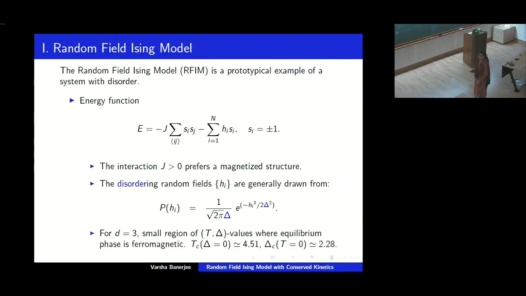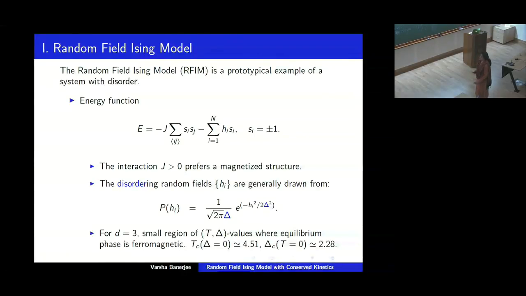Now, the random field Ising model in 2D does not exhibit a non-trivial phase transition. There's a phase transition at delta equal to 0. In this case, delta, the variance of the distribution, is a measure of the disorder in the system. So you can tune the order-disorder transition by varying the disorder strength delta.